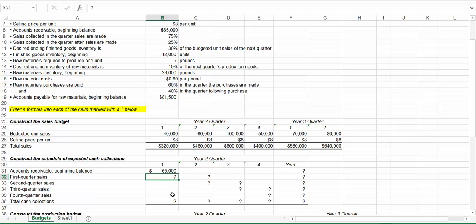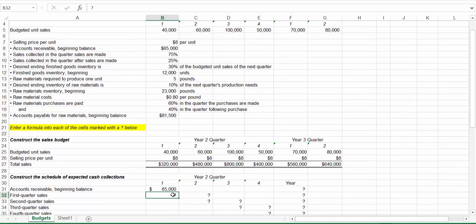Okay. All right, so now how much are we going to collect in our first quarter sales? What they tell us is our sales are collected 75% in the quarter that sales are made, 25% in the following quarter. So this is going to be equal to 75% times that quarter's sales.